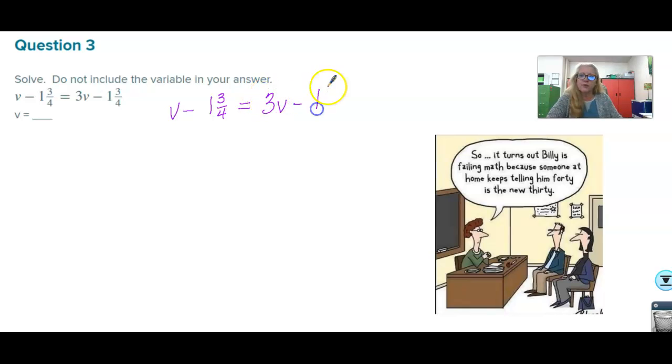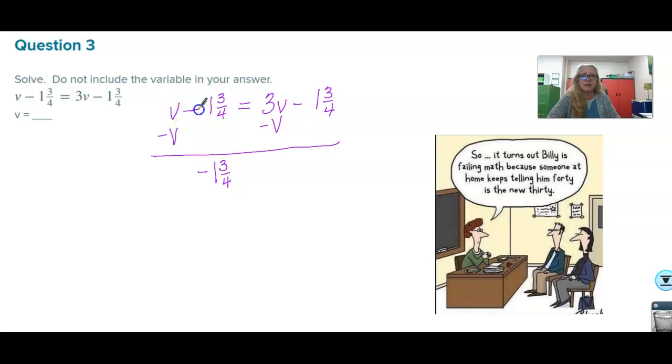3v minus 1 3/4. All right, first thing we have to do is get all of our variable terms on one side. We'll go after the smaller one, which is smaller, 3v or 1v? 1v is smaller, so we get rid of 1v by subtracting 1v from both sides. That gives me a negative 1 3/4.